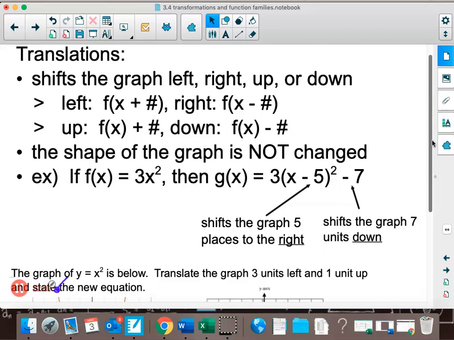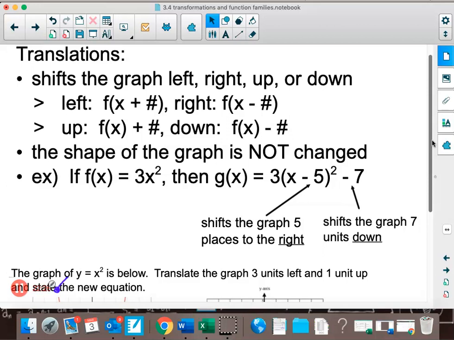I'm subtracting 7 from the y, which shifts it down by 7. So the squared is just part of your function, right? But the 5, when you do a left or right, it has to be with the x. So you put the x in parentheses with the shifting. And then the up or down is on the outside.